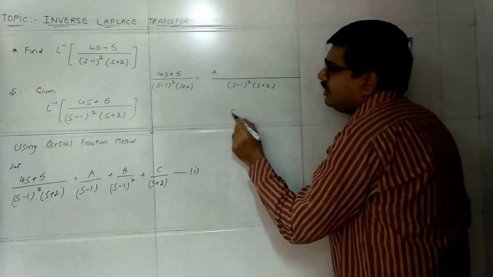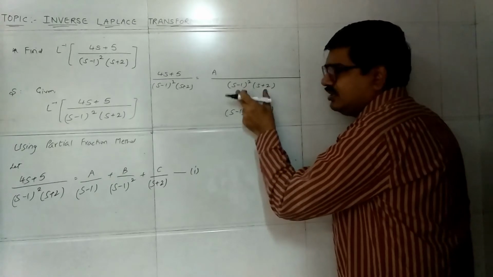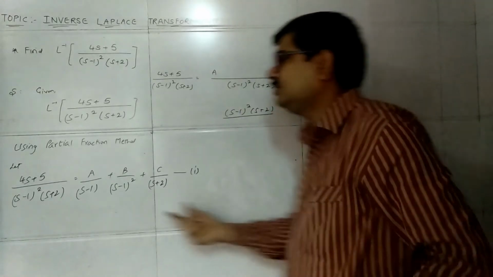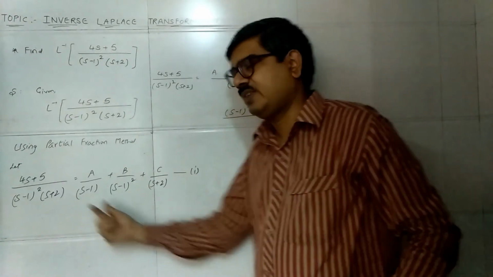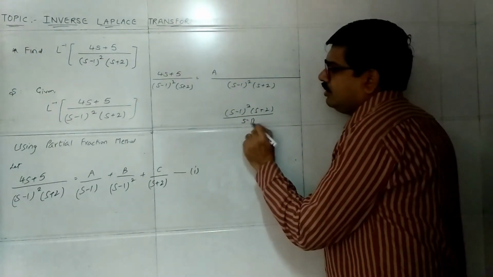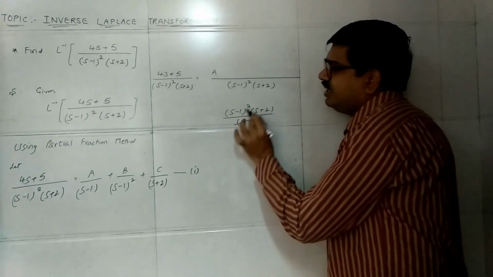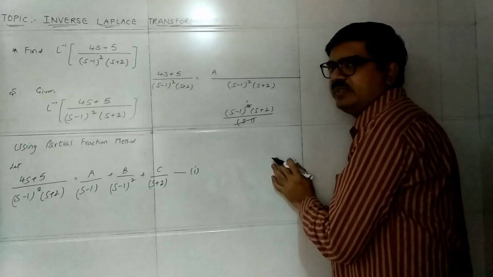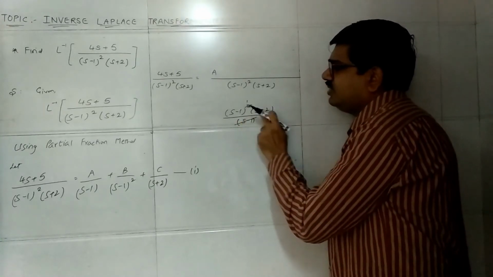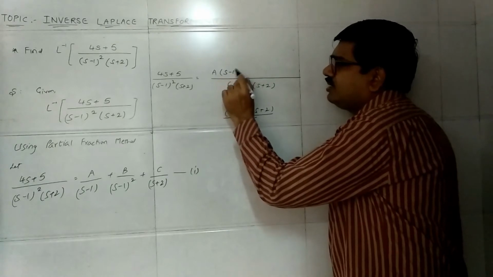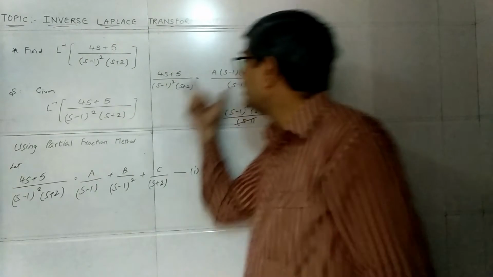Simply take this denominator always upon what is there in the denominator in the first fraction and simplify this. So this s minus 1 will cancel one time, since whole square is there. So what is remaining? (s minus 1) into (s plus 2). Multiply that with A.